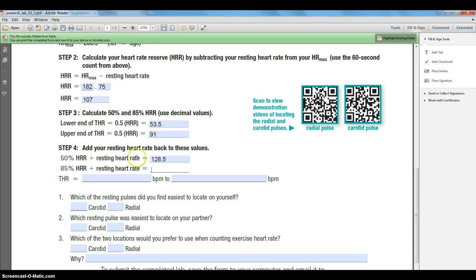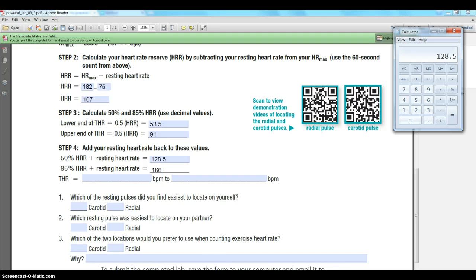75 plus 91. Right here, 75 plus 91. If I can type here, 166.